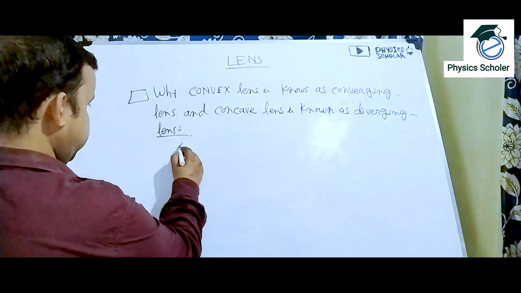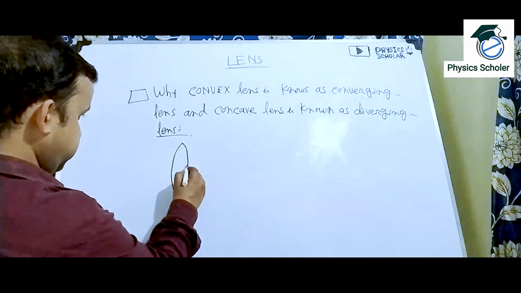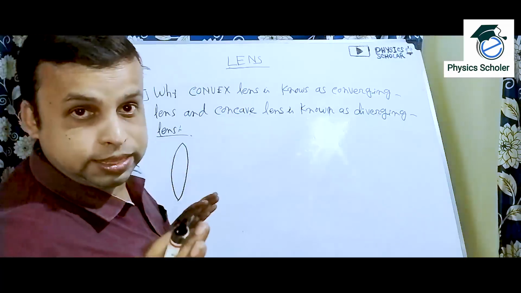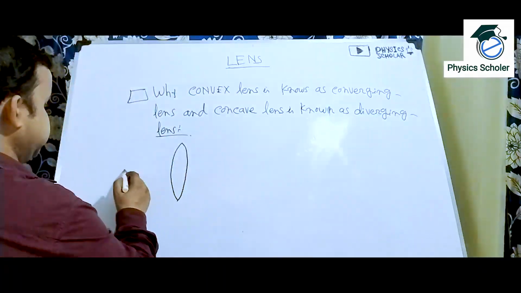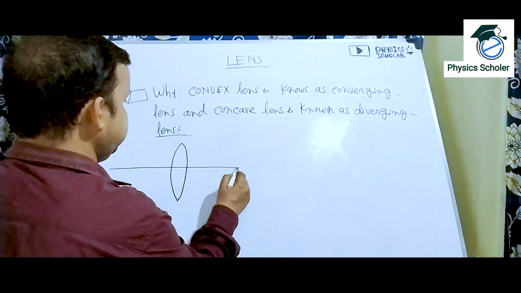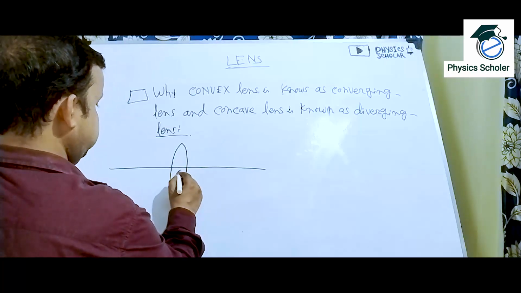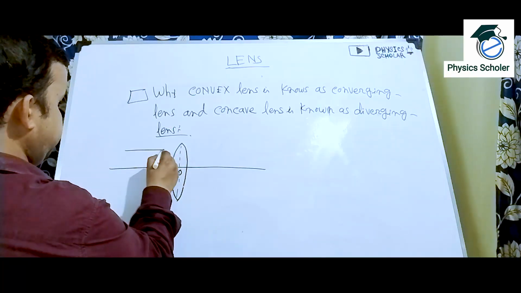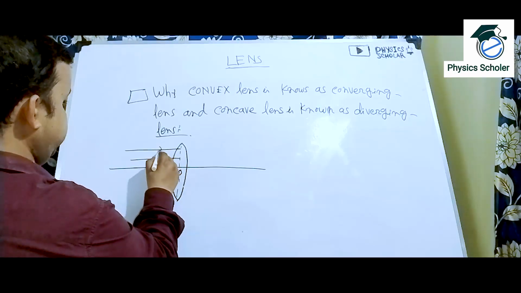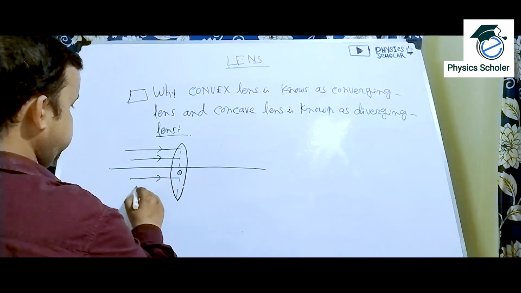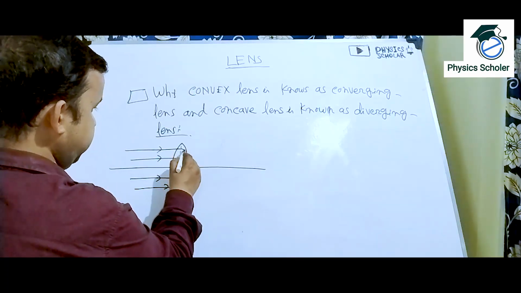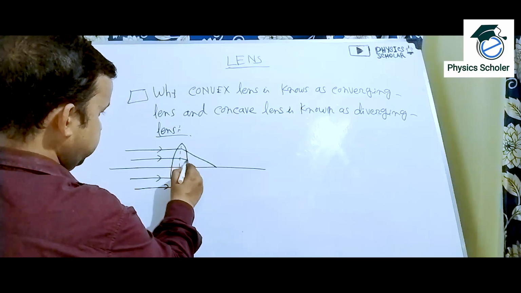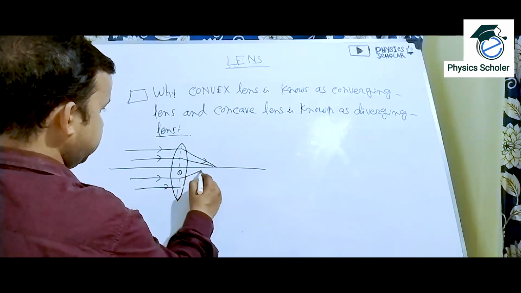See, very easy. This is what type of lens? You can say this is a convex lens. This is nothing but the principal axis. This is the pole. Now, if a parallel beam of light is incident on it, parallel to the principal axis, then what will happen? The refracted rays will be converged in nature.